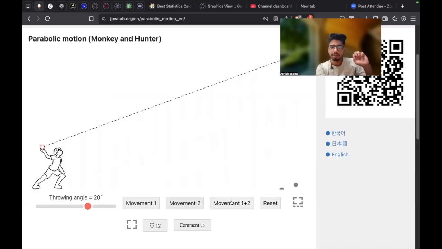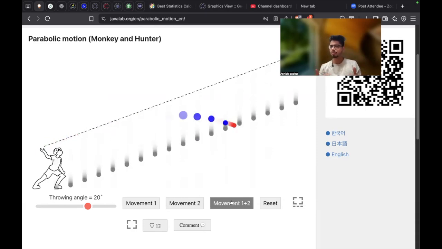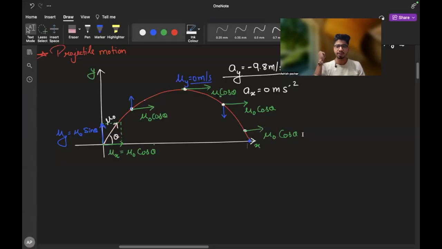If I combine both of them, because the vertical acceleration of each ball is the same, their vertical displacement is the same. You can think of it like this to understand it. So this is the basic idea for the moment. Let's continue.